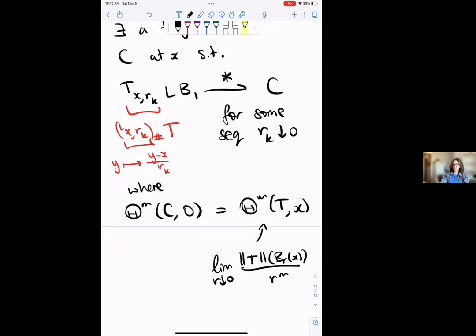So the mass ratios of C are all the same and equal to the density of T at X.